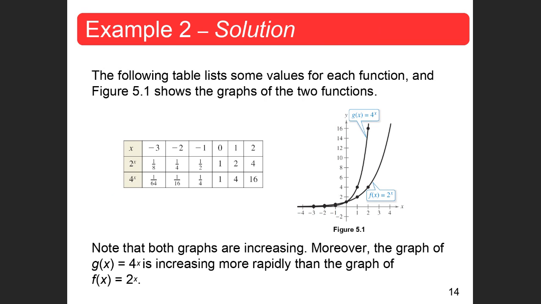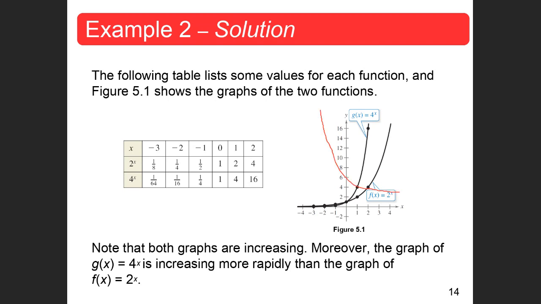Now, this is a better graph table here. So the larger the a value is, it's going to go up a lot faster, because when you think about it, 4 to the first is 4, 4 to the second is 16, 4 to the third, you're at 64, so it's going to go way up. So when you graph an exponential function, it's going to look like this. Now, sometimes they'll come down like this.